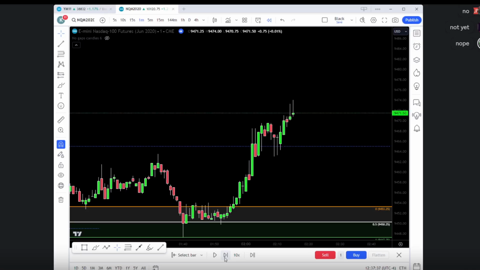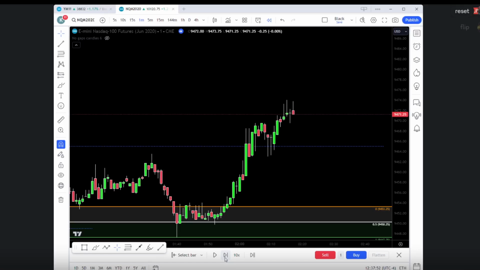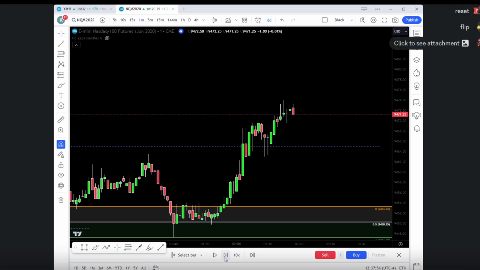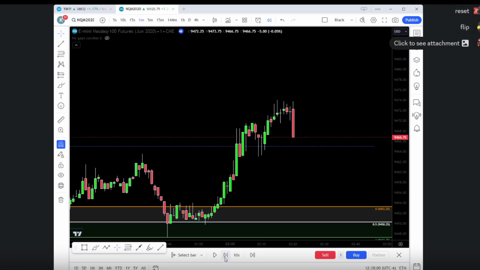As soon as we get a valid high and we start our seventh swing or sixth swing, what are we expecting? Liquidity. That's right. How about now?